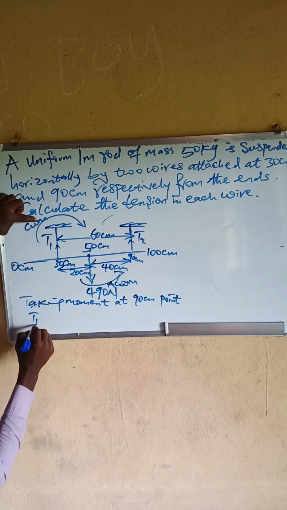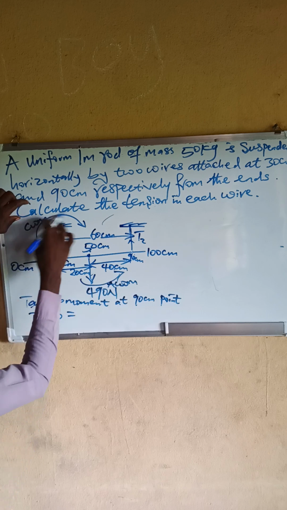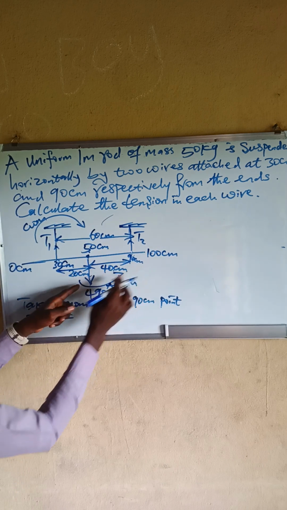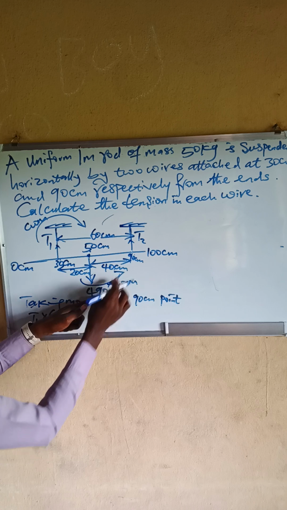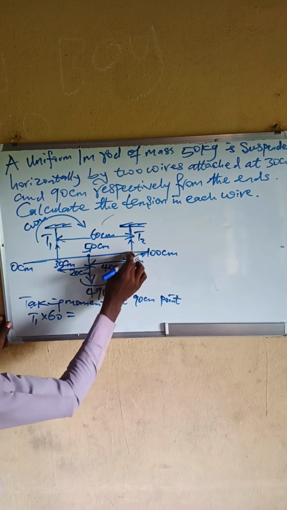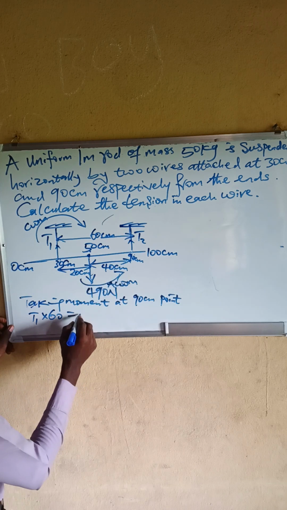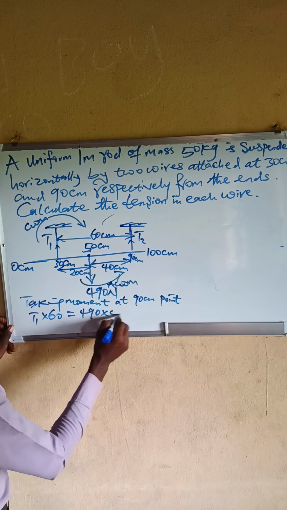So T1 times 60 is equal to the anti-clockwise moment, which is 490 times the distance from here to here, which is 40. So you have 490 times 40.